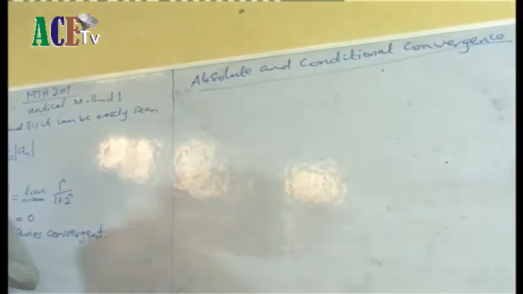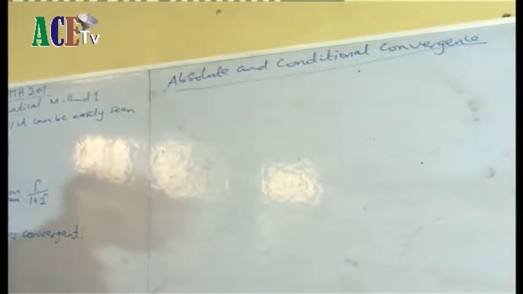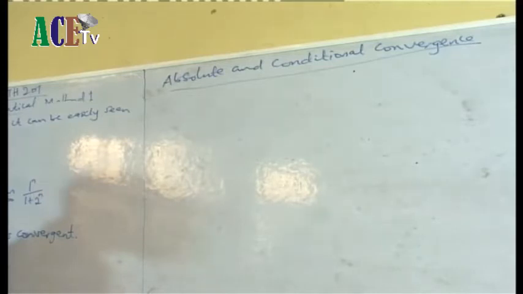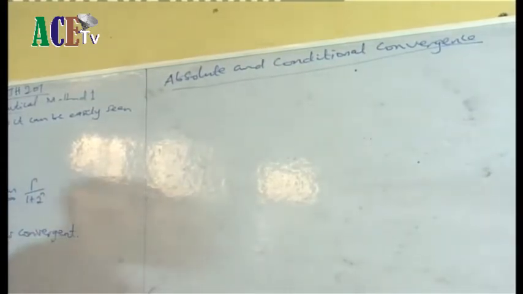Absolute and conditional convergence. When a series is convergent absolutely, or when it is convergent conditionally.